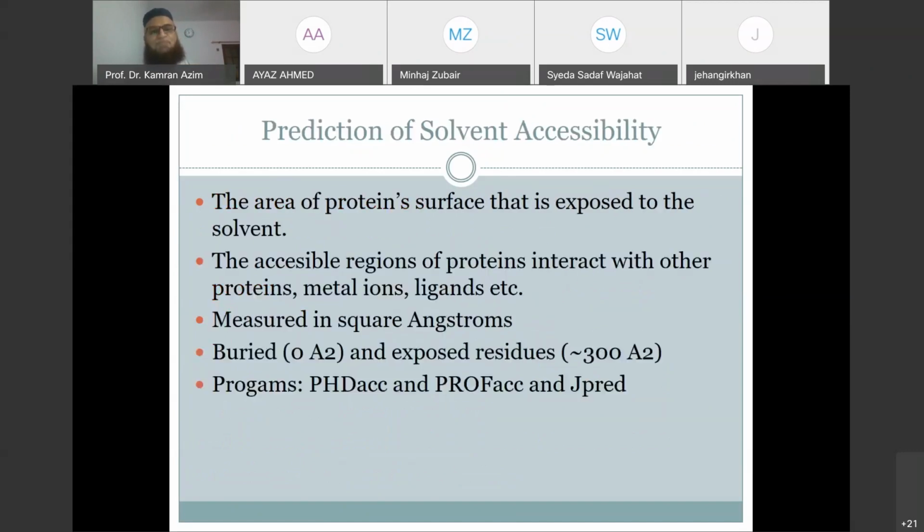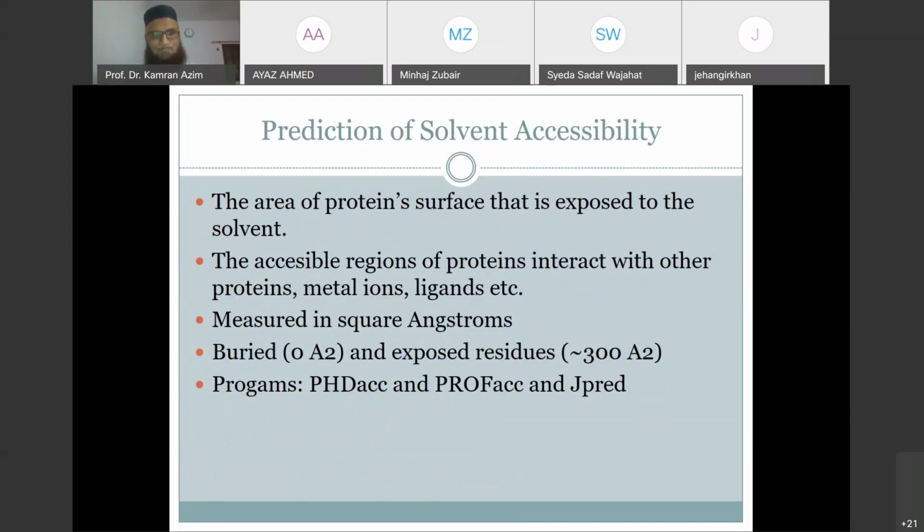We can also predict the solvent accessible region of the protein, whether an amino acid in the sequence would be buried inside the protein or exposed to the solvent.